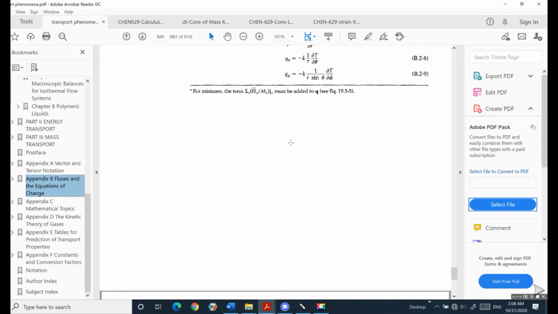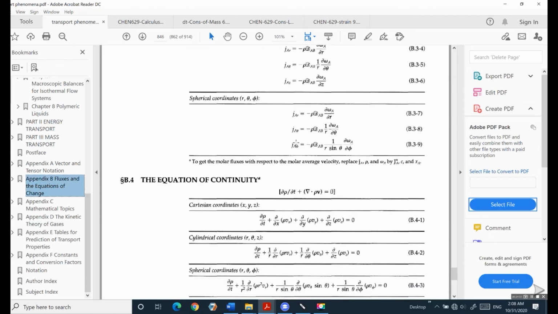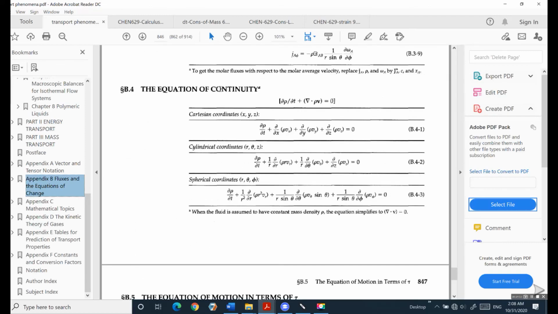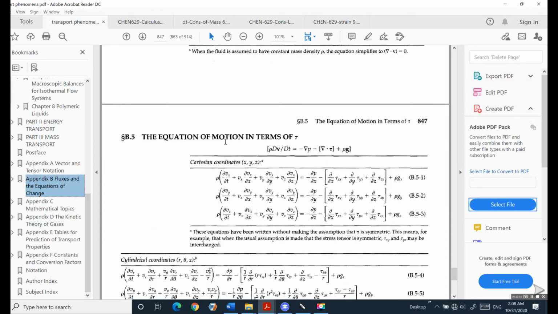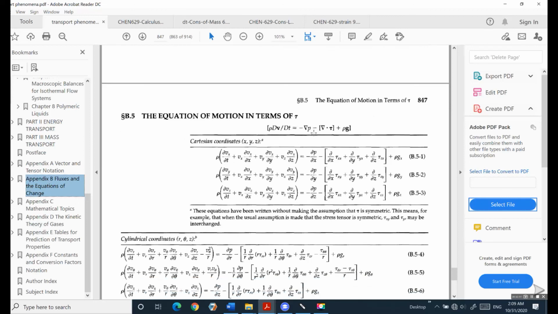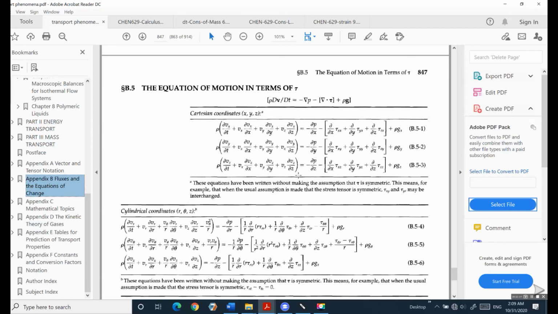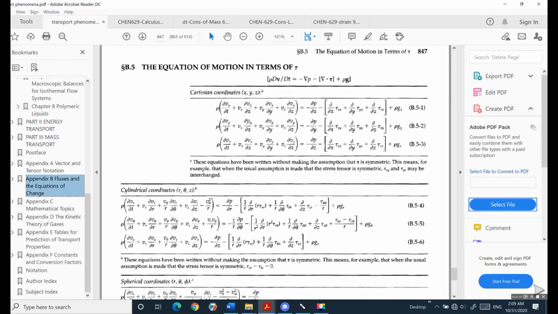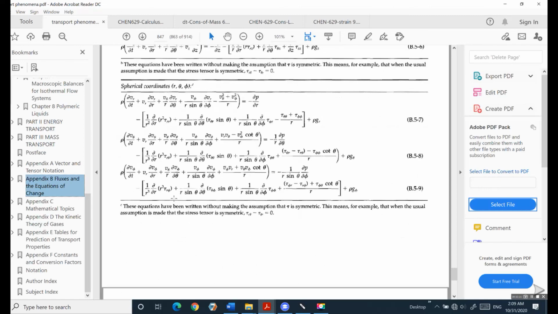If we continue in appendix B, we have the equation of continuity in closed form, and these are all the open forms for Cartesian, cylindrical and spherical coordinates. The equation of motion in terms of the viscous forces, we obtained before, this is the closed form and this is the open form. This is in terms of the substantial derivative for Cartesian, cylindrical and spherical coordinates.